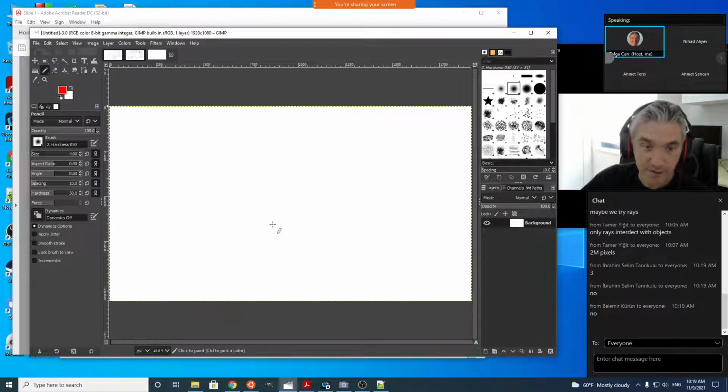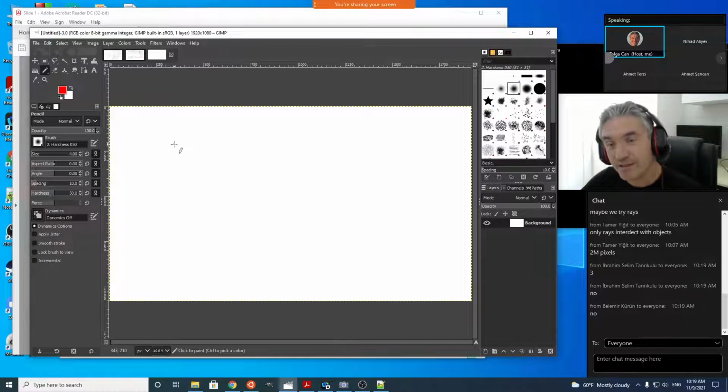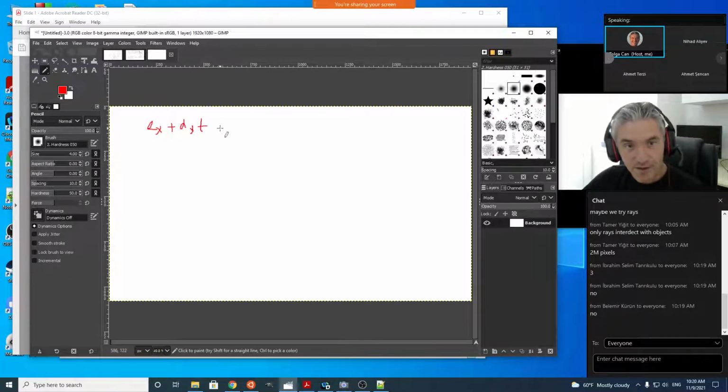So this requires solving a linear system of 3 equations with 3 unknowns, and my equations are: Ex plus dxt equals alpha P1x plus beta P2x plus 1 minus alpha minus beta P3x. So that's one equation.